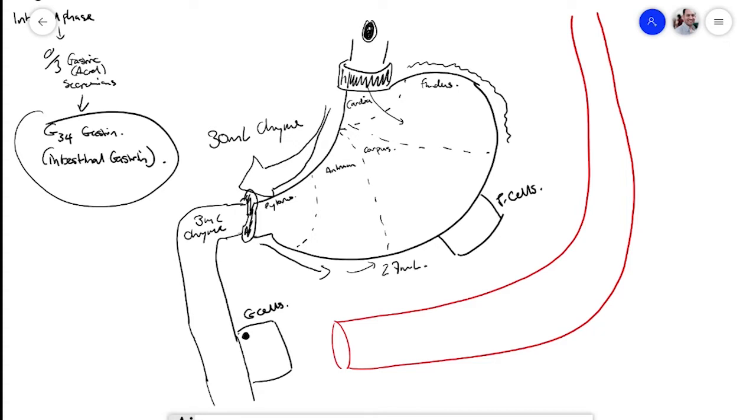And that is called retropulsion. So you get this churning effect. But the bottom line is 3 mils of chyme come into the duodenum.